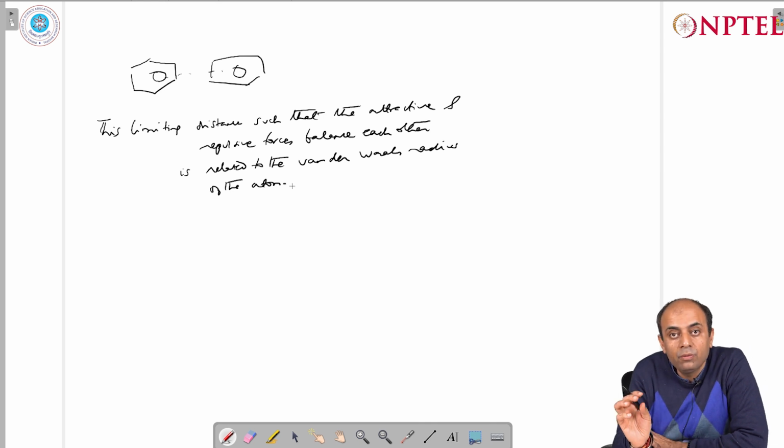So now we would like to know about the van der Waals radius of the atom, which is fundamentally different from the atomic radius of an atom of interest.